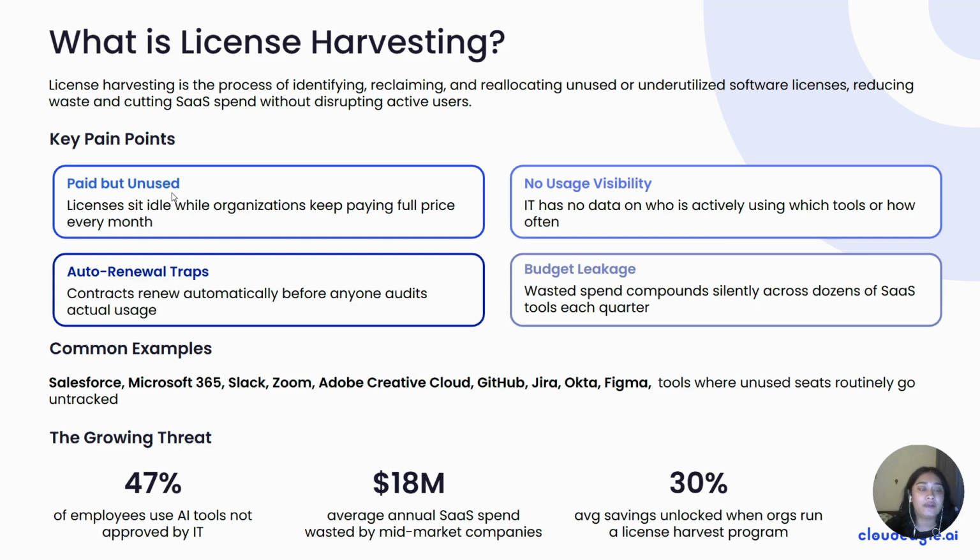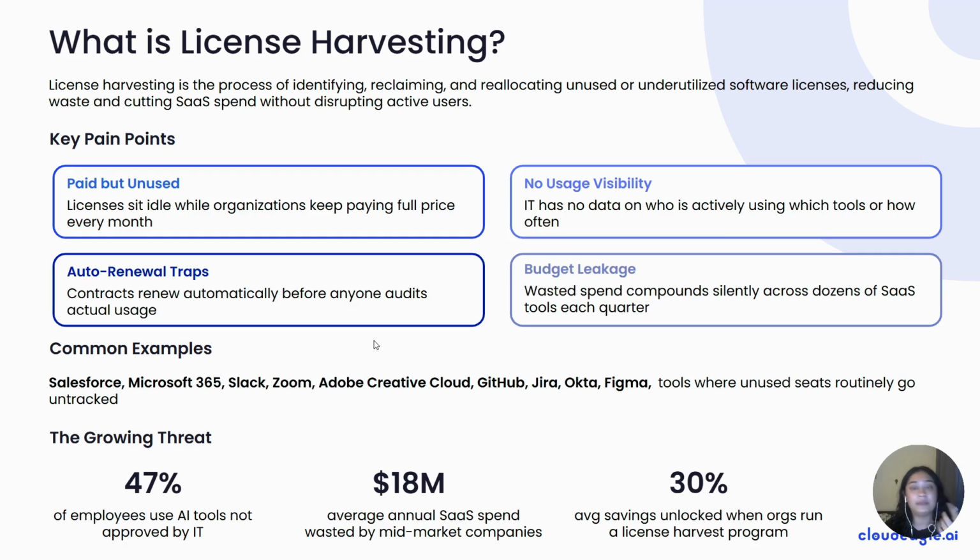So the key pain points that most organizations are currently facing are, first, paid but unused. There are a lot of licenses in an organization that they pay the full amount for every single month. There's also no user visibility. IT has no data on who is actually using those tools and who is not. There are also auto-renewal traps. Contracts auto-renew themselves before anyone can actually audit what the usage is.